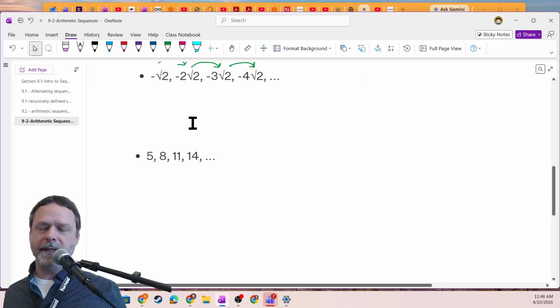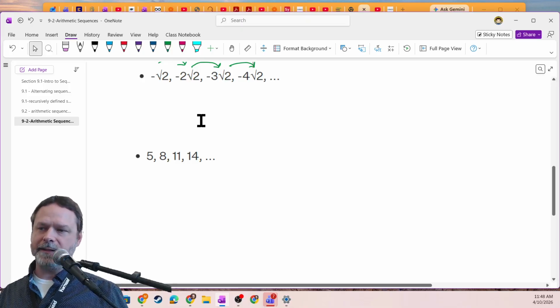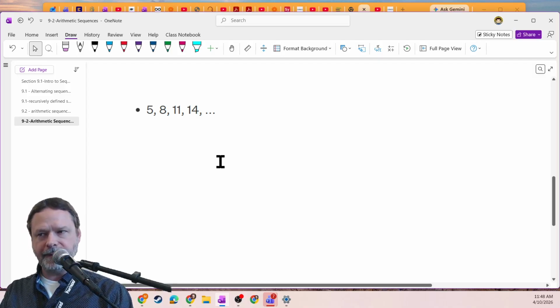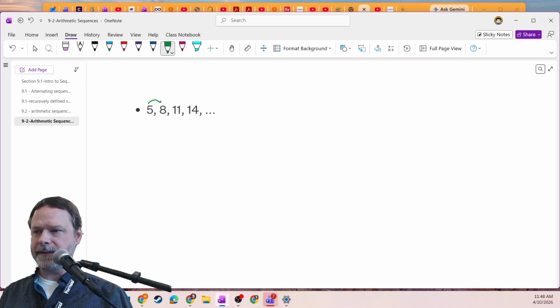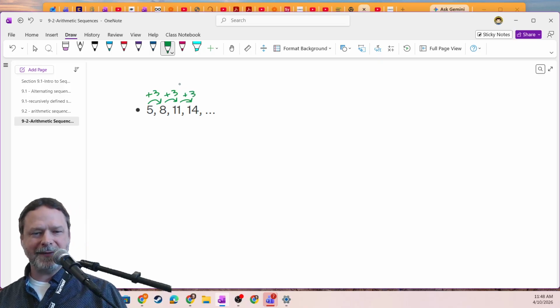What do we do if we're given a sequence and we want to find, maybe I got this sequence right here, and I want to find the 80th term? Am I going to add 3 every time, 80 times? Put it in a spreadsheet maybe, add 3, go down 80 times?